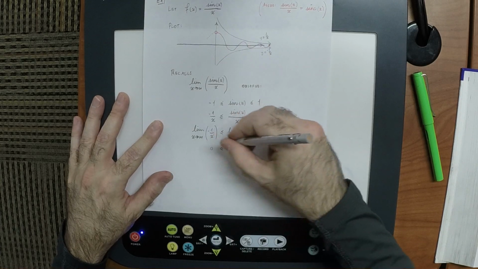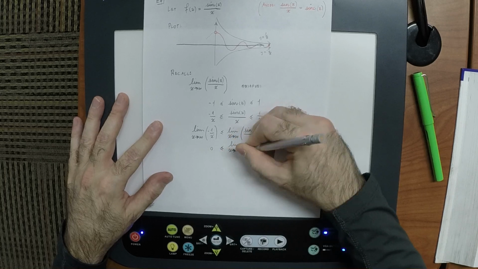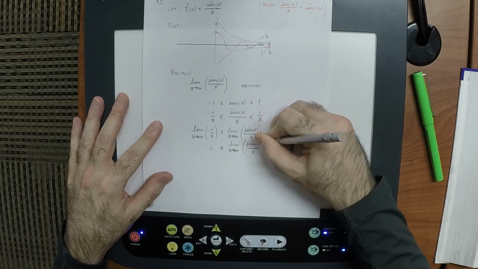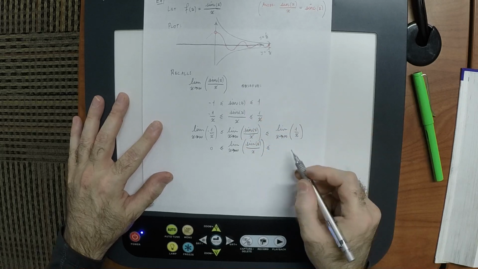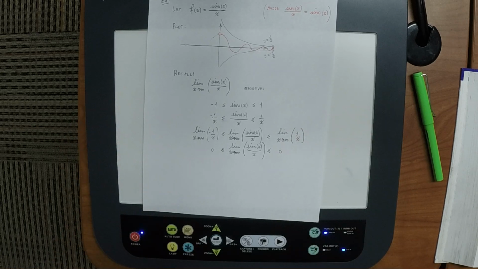So it's saying that 0 is less or equal to the limit as x goes to infinity of sine x over x, which in turn is less or equal to, so what's that limit? 0. So concerning that sinc function, what we're saying is that its limit at infinity on the one hand must be greater than or equal to 0, and on the other hand must be less or equal to 0.